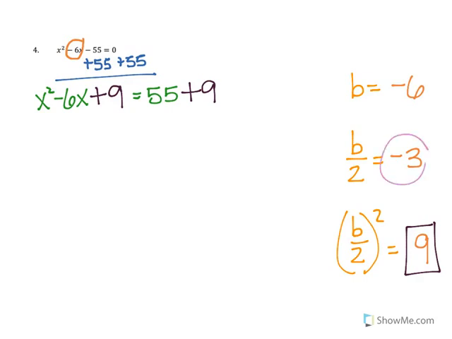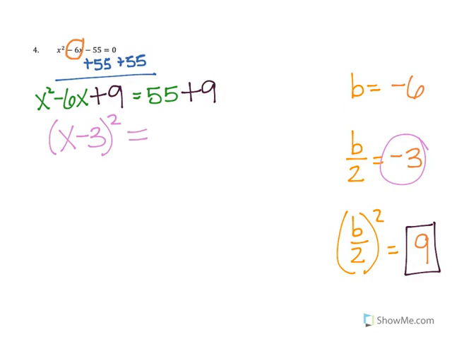And then you're going to use the b over 2 term to factor because x minus 3 squared is how you could factor the x squared minus 6x plus 9 because -3 times -3 is a positive 9 and -3 plus -3 is a -6.